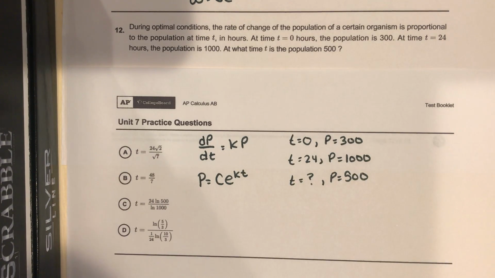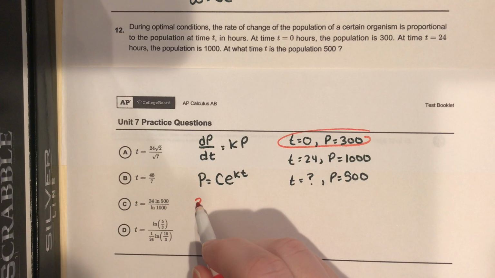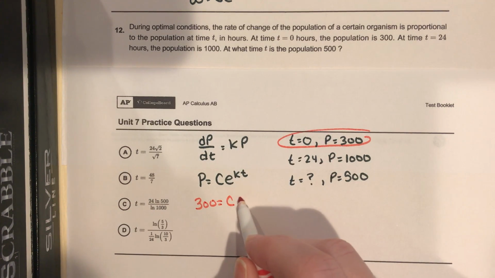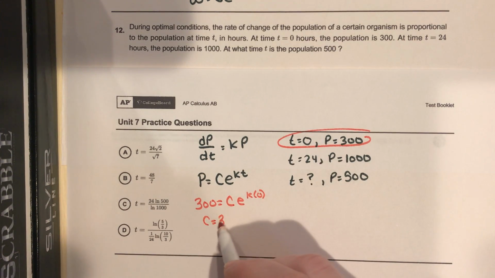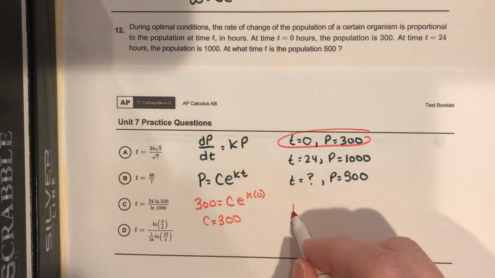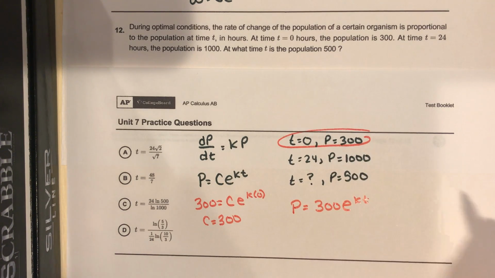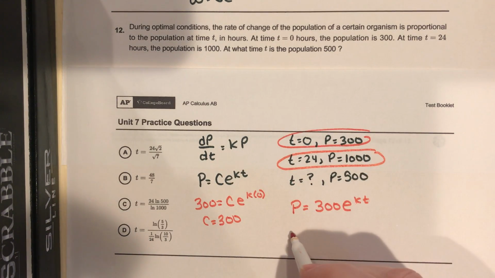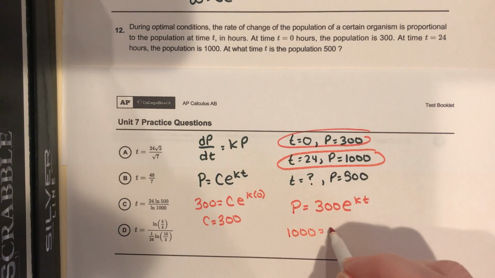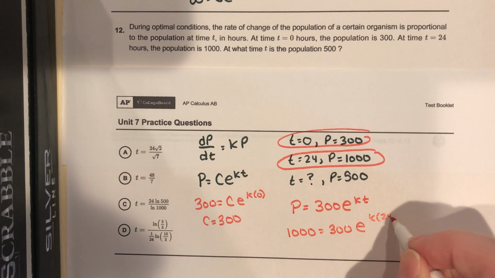Okay, so I'm going to start plugging in. I'm going to start with the 0, 300 for P, and 0 for t. So again, e to the 0 is 1, C times 1 is 1, C is 300. So now I know C, P equals 300e to the kt. I'm now going to use my second set of givens, plug in 1,000 for P and 24 for t.